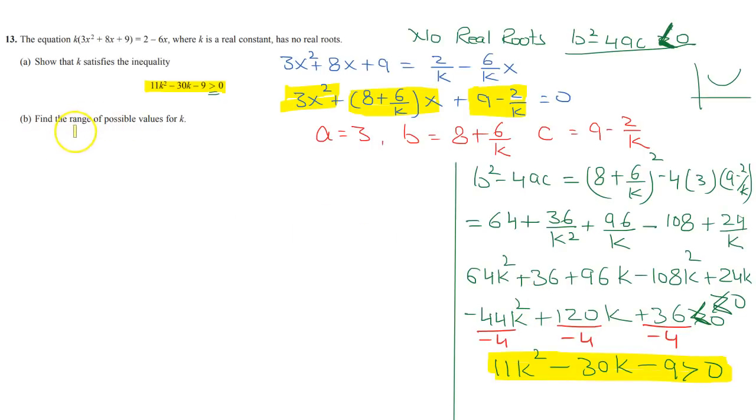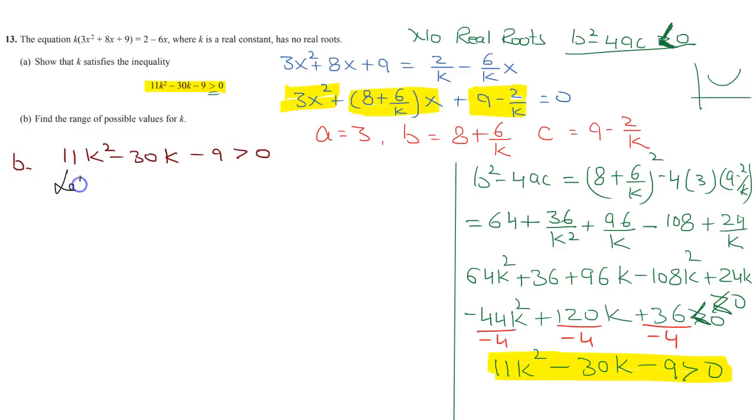Find the range of the possible values of k. Now for such question you have to solve this thing. So part B is, we have 11k square minus 30k minus 9 is greater than 0.